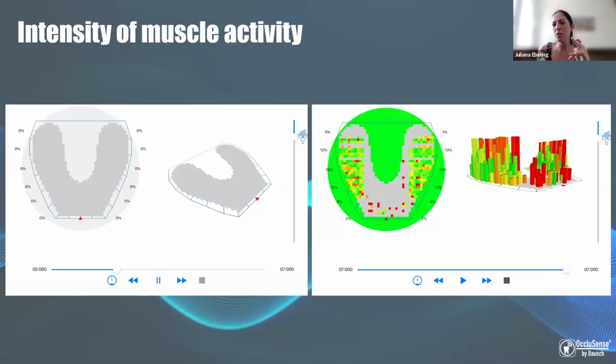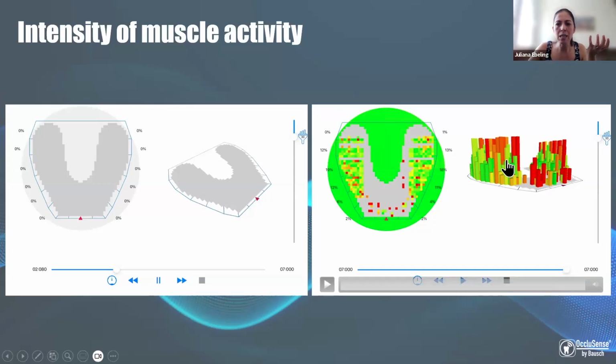But if I ask the patient, let me see the final, how stable the final contact is, and I ask to go with the maximum force, I will see a completely different graphic. So this is very important to understand.